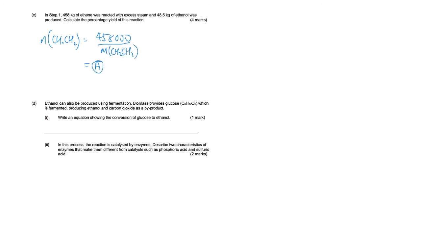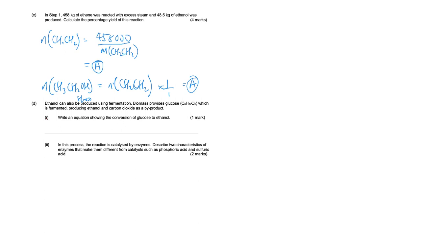That will get you some value. That value, then you could work out the number of moles of ethanol that you're theoretically supposed to be producing, which I think is a 1-to-1 ratio with CH2. So that'll be equal to A.